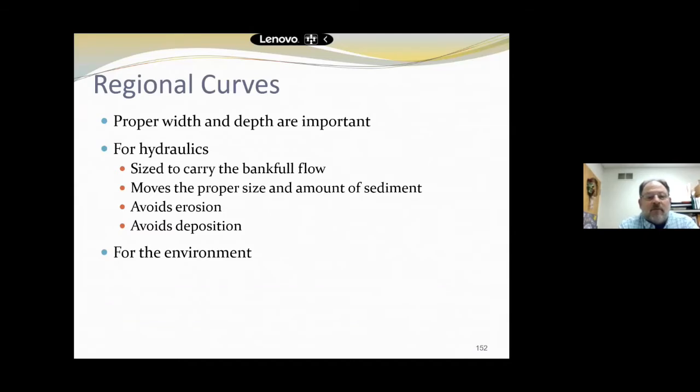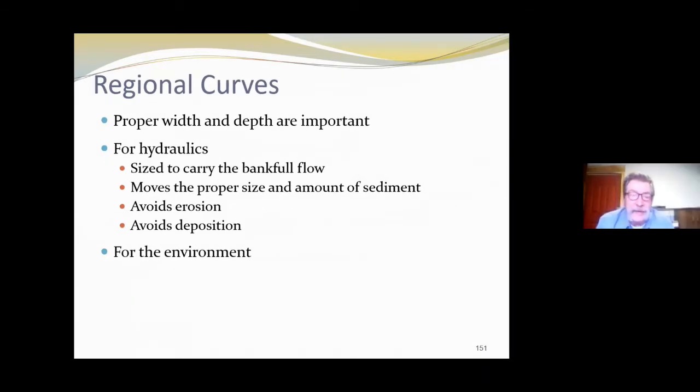Bank full flow is the size that we're looking for to properly move the sediment within that watershed through that reach without creating erosion or deposition. So we're trying to build a channel that is not going to create a head cut or cause deposition, which could possibly give us an avulsion in the future. And it's better for the environment.